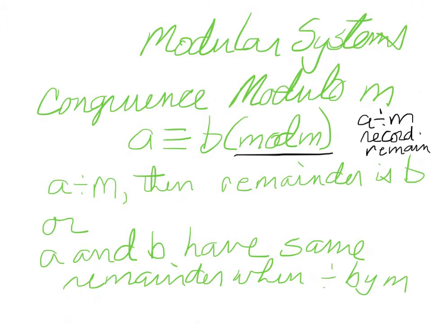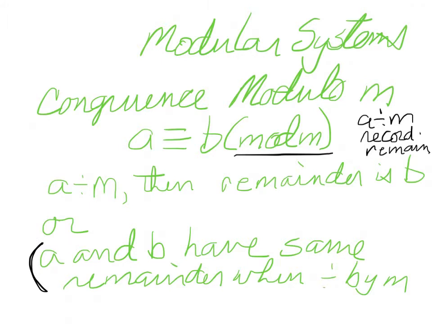So what we're doing is comparing remainders after division, so we can know if two numbers are equal. There are a couple of ways to say this: A divided by M, then the remainder is B, or A and B have the same remainder when divided by M.